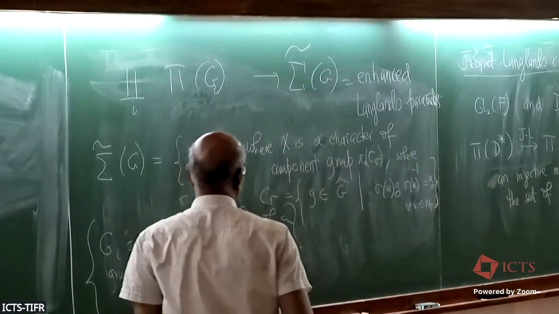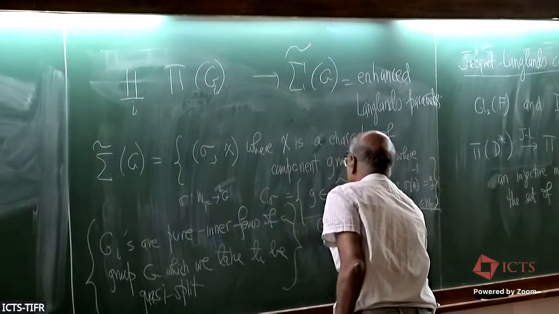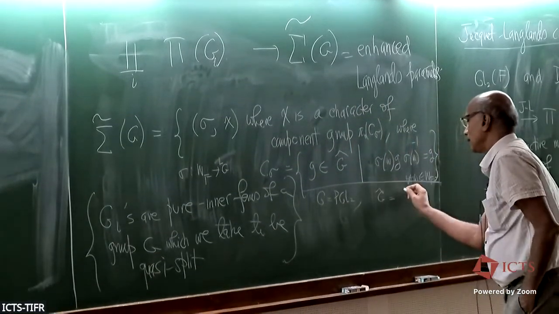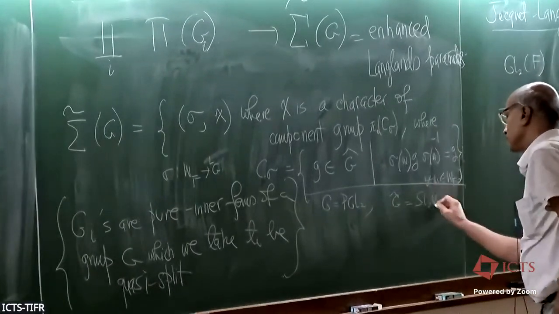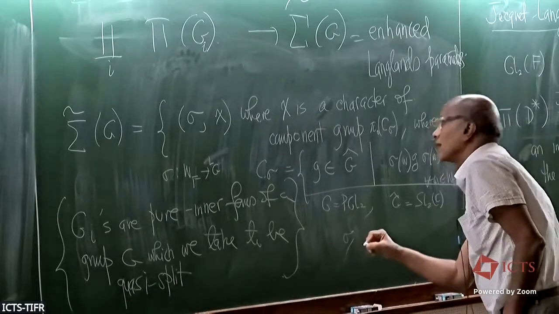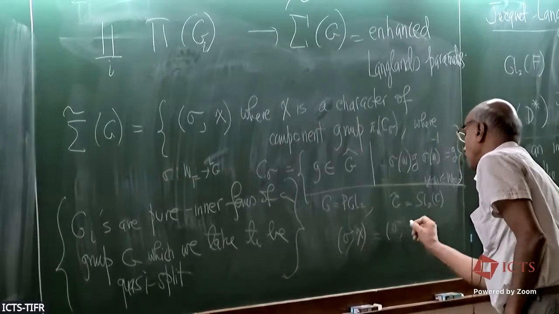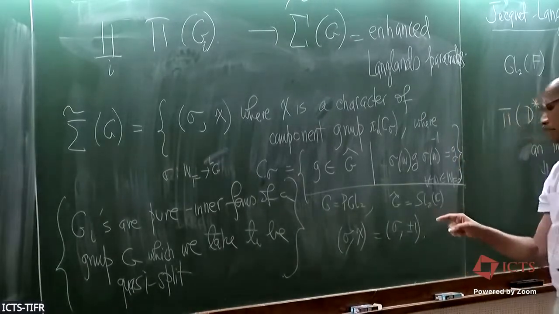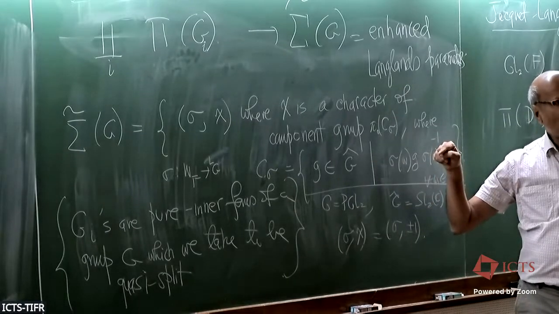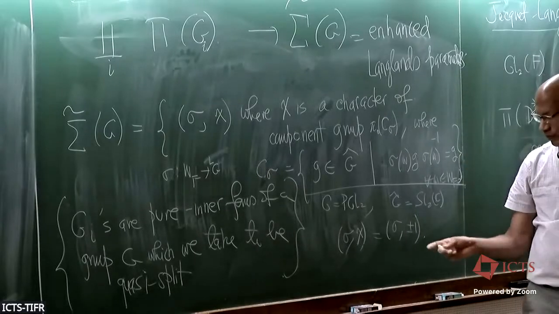Maybe I write it a little bit here. If G is equal to PGL2, then the dual group is SL2C. And this sigma comma chi, I'm saying is sigma comma plus minus 1, because chi is a character on the component group in SL2. And for discrete parameters, the centralizer is plus minus 1.